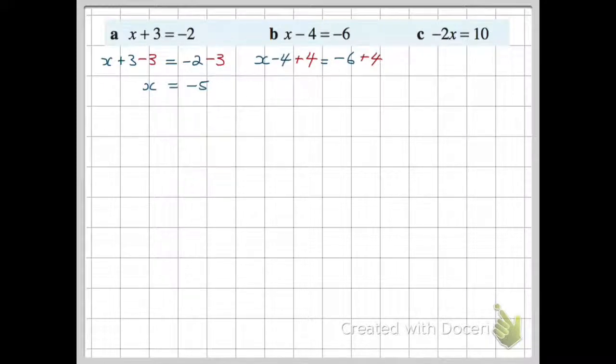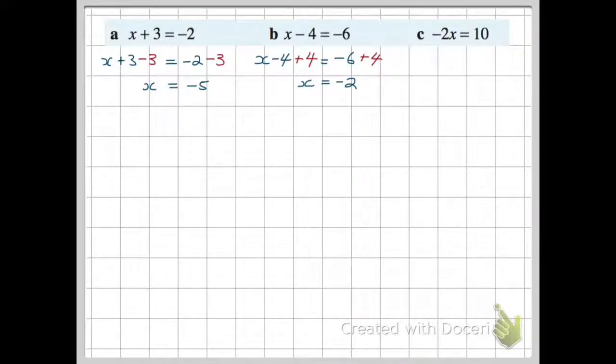Remember, you must do the same operation to both sides of the equation to keep them the same, so that they remain equivalent equations. X minus 4 plus 4 is just x, and negative 6 plus 4, well, the negative number is bigger than the positive number, so we don't quite get back to 0. Negative 6 plus 4 is negative 2, and that's our solution.